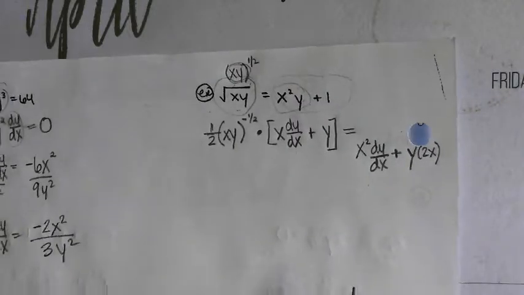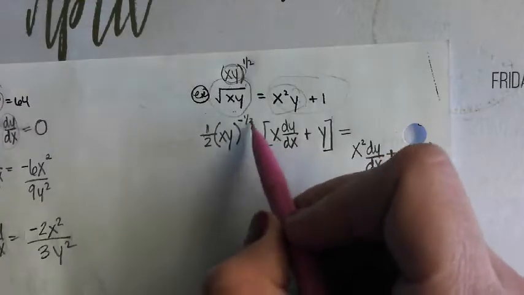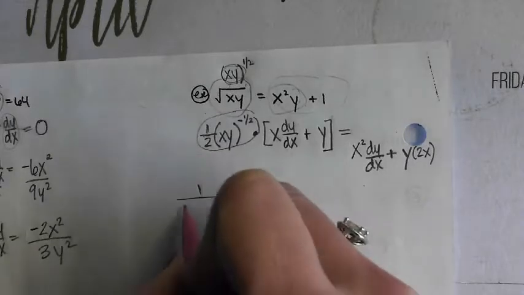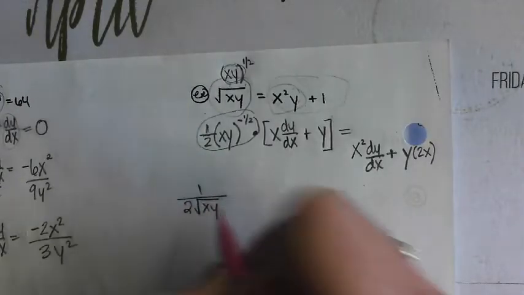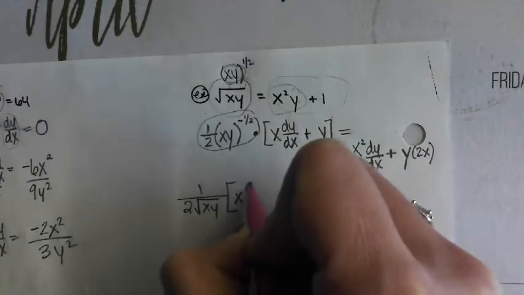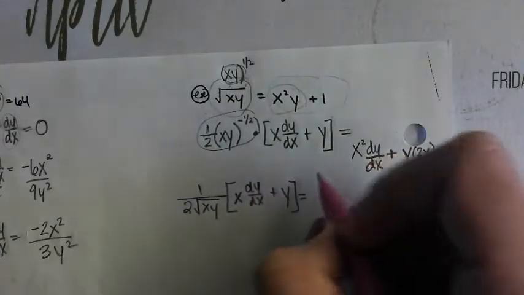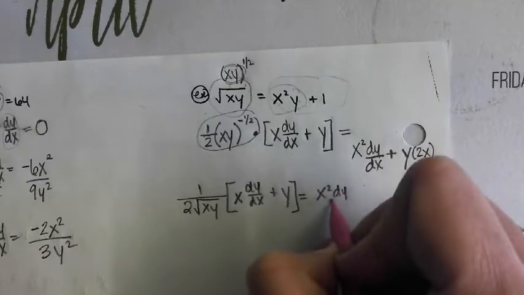So in cleaning this one up, this is the same thing as 1 over 2 root xy. I'm just really rewriting to give myself space here.